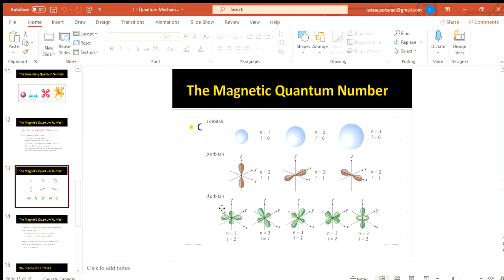So d orbitals don't exist until we are in a shell that's a 3. So we will never have a 2d orbital. It has to wait until the 3d orbitals. So we'll figure out a very easy way to figure that one out though, so don't worry about memorizing that in the meantime.